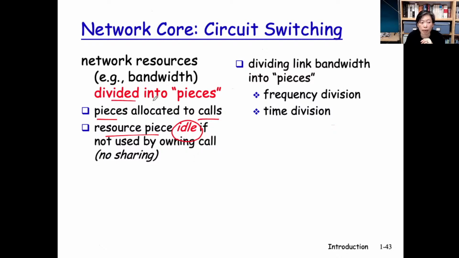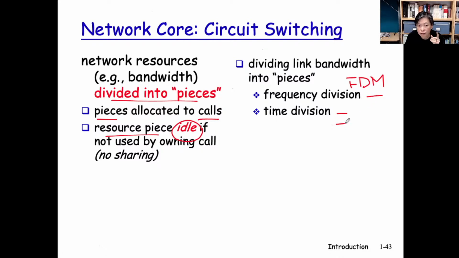Now, speaking of dividing link capacity into pieces, there are multiple ways of doing that. The first one is called frequency division, the other is time division. This is the second time we see the term FDM. Where did we see this? Yeah, cable modem. We divide the cable network link capacity into pieces by the frequency band.